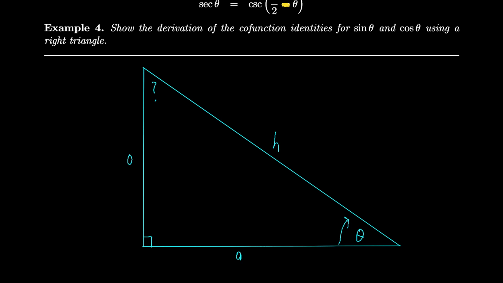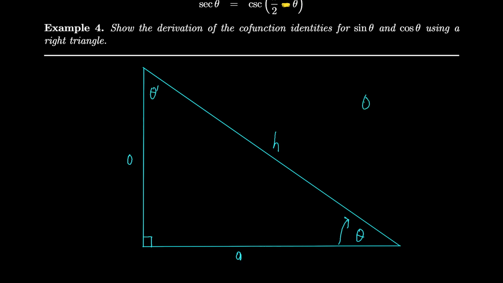Well, we know that the three interior angles of a triangle need to sum to 180 degrees. We know that 90 degrees of it is already taken up right here. So we know then that these two angles need to sum to 90 degrees, whatever they are. For just a moment, let's call this theta prime.